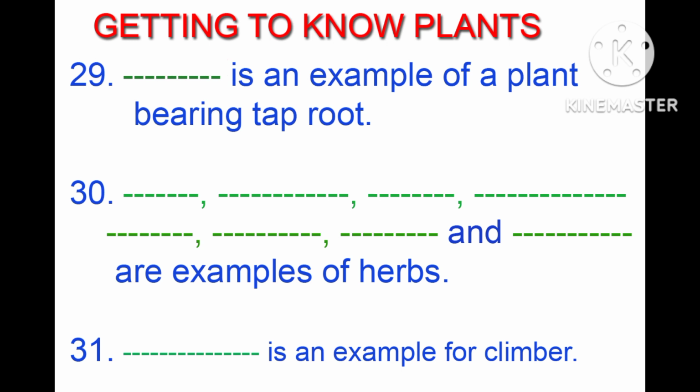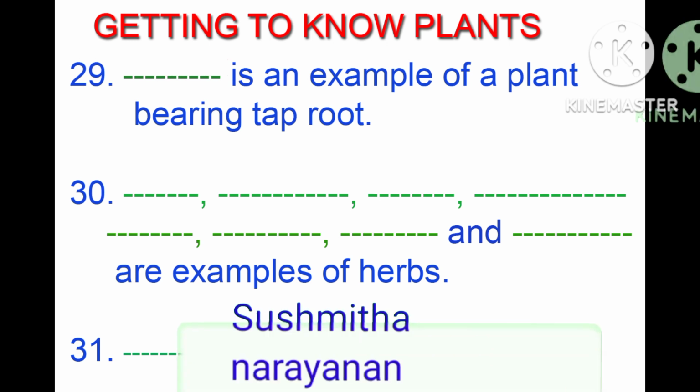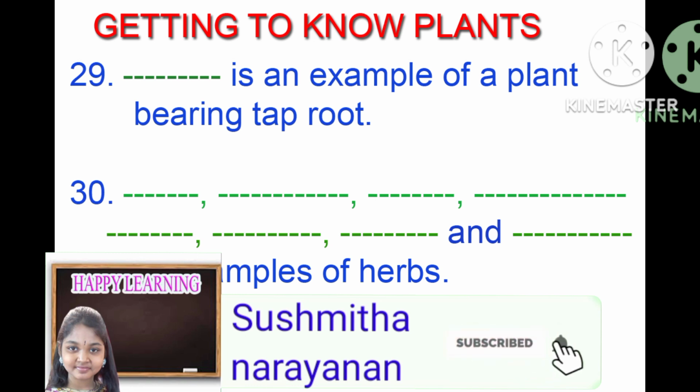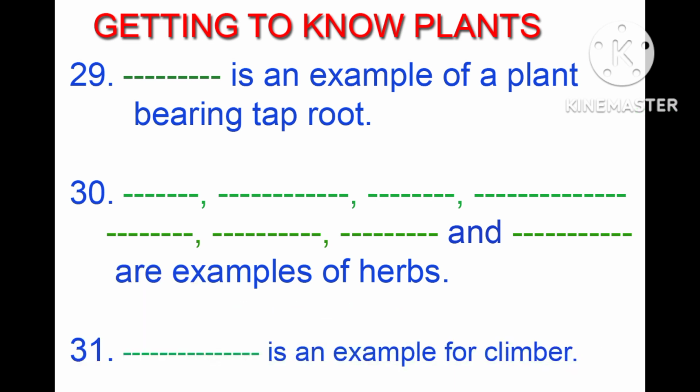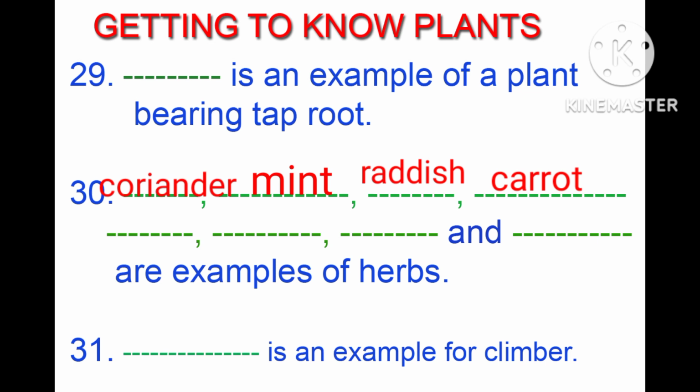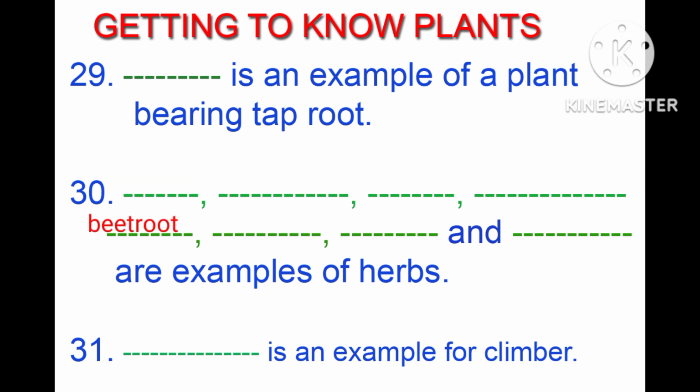Dash, dash, dash, dash, dash, dash, dash and dash are examples of herbs. The answer is coriander, mint, radish, carrot, beetroot, wheat, rice and mustard. 31st question. Dash is an example for climber. The answer is grapevine.